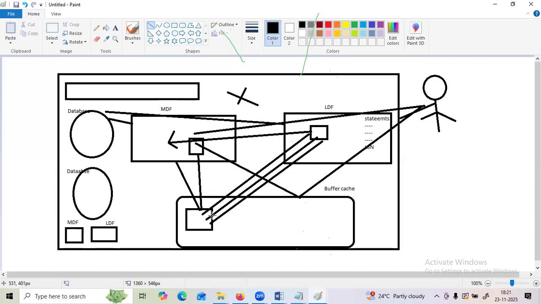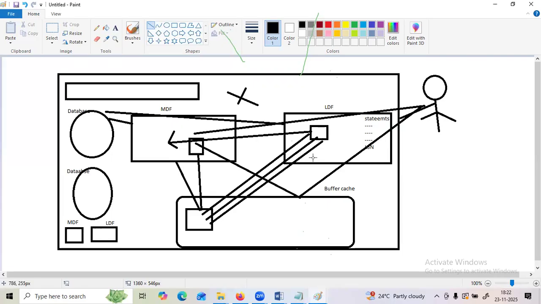And the transactions that are initially, before commit, kept in the LDF, those transactions we can call active transactions. Once we commit, the committed data will go here. Once the data is committed, the previous transaction will go to the inactive portion of the LDF. Whenever the transactions come to the buffer cache, the transaction is pushed into the LDF.